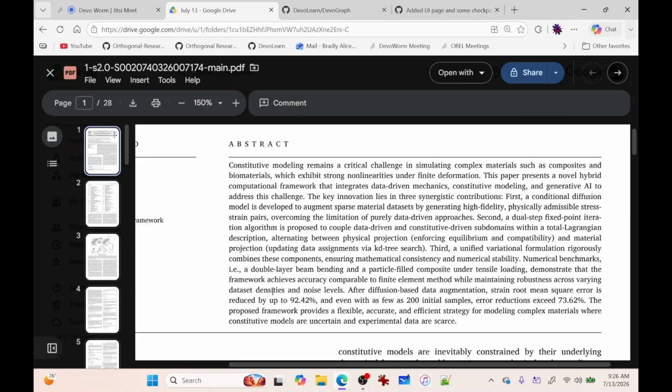So we're trying to build this finite element method from the data. After diffusion-based data augmentation, they're using a strategy called data augmentation, where they base it on real data but generate additional data, almost like what we do with pseudo data. This is supposed to improve the model.